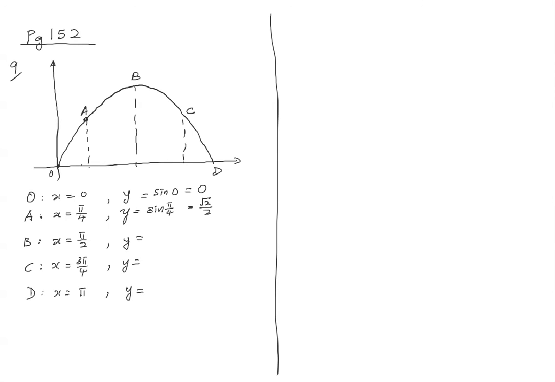Then sin pi by 2, the answer is 1. Then sin 3 pi by 4, the answer is also root 2 over 2. Then sin pi, the answer goes back to 0. So you must get all these important coordinates of these points first.